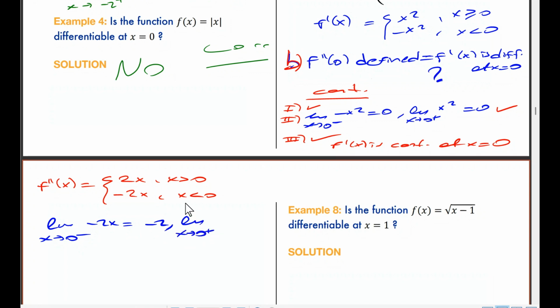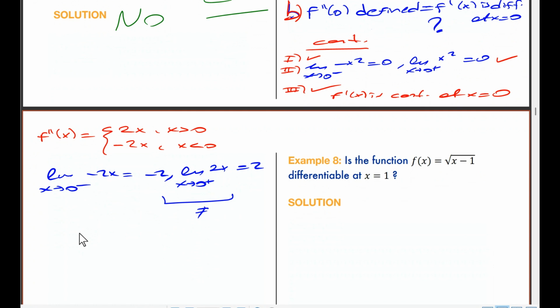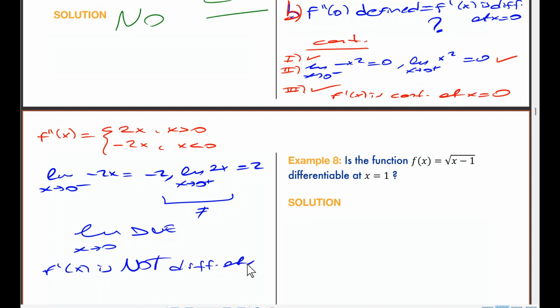Right-sided limit, the function is 2x, so the limit is 2. The right-sided limit is not equal to the left-sided limit, so the limit does not exist at 0. So f prime of x is not differentiable at x equals 0. In other words, f double prime of 0 is undefined.